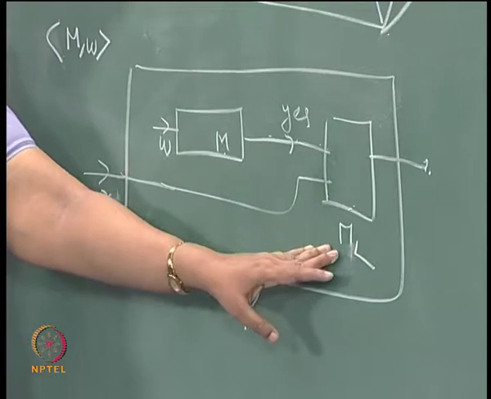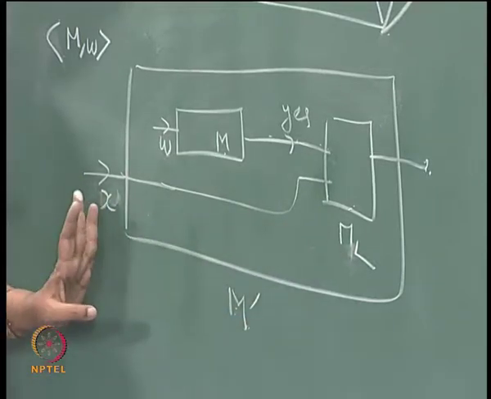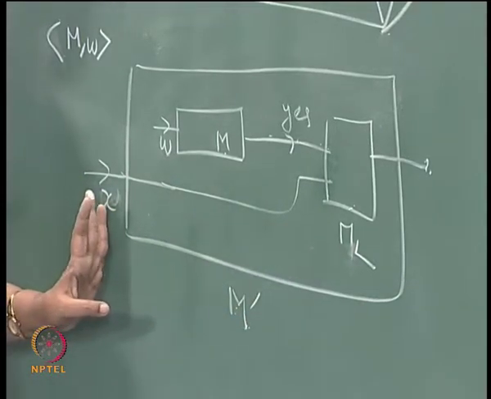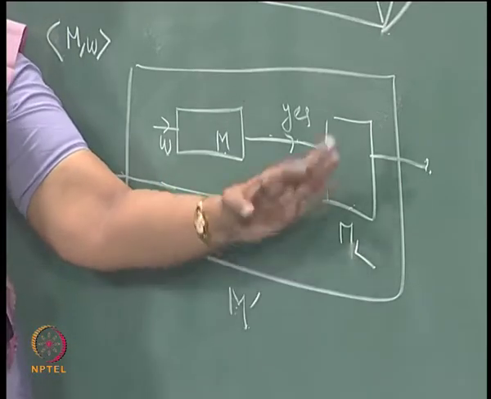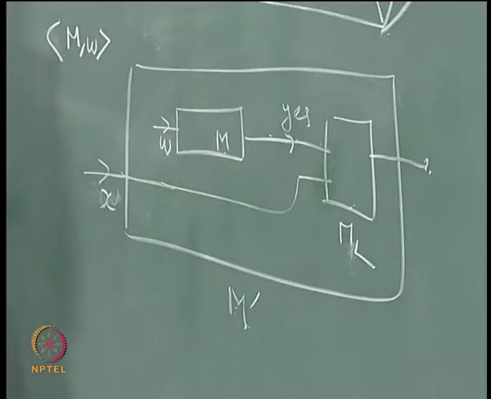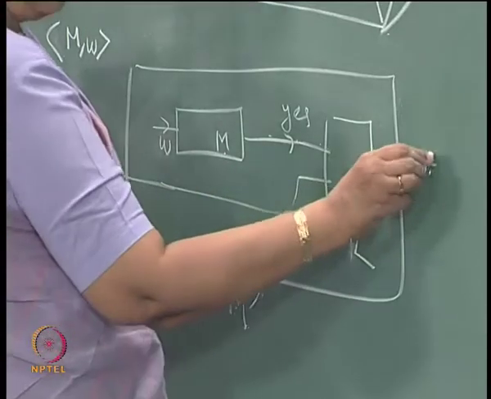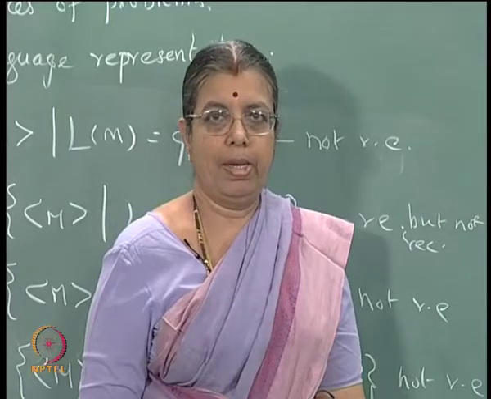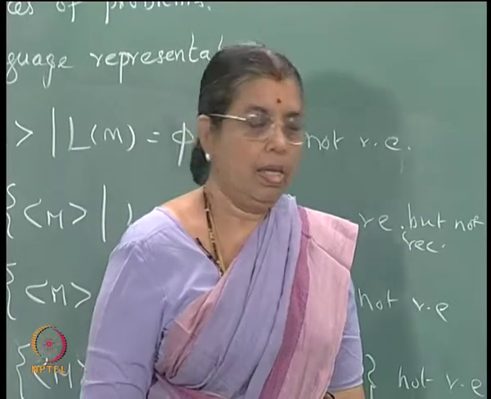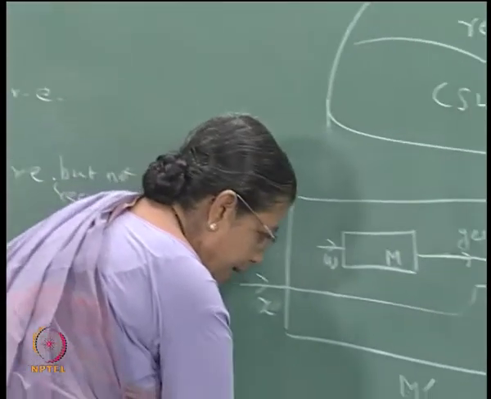If ML is started, it will work on x, and if x is accepted by ML, it will say yes. If it is not accepted, it may get into a loop or reject. So, what is the language accepted by M dash? What is the language accepted by L of M dash?